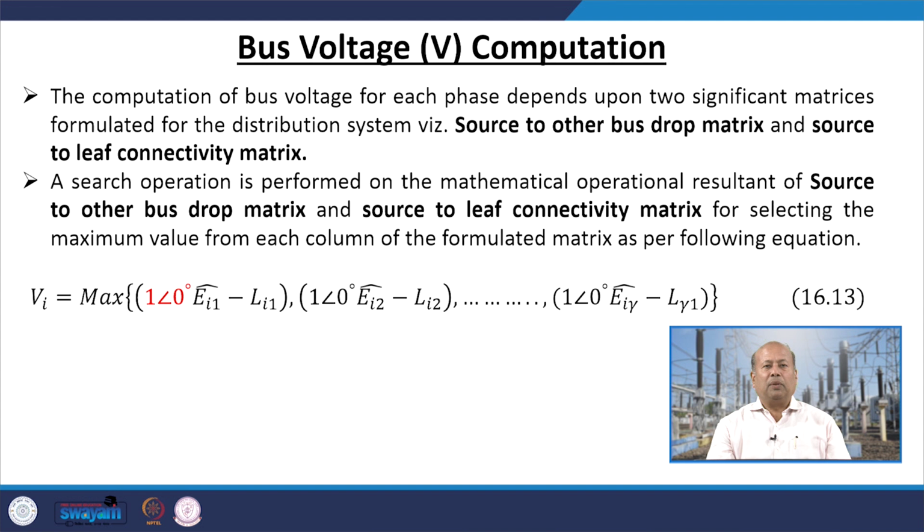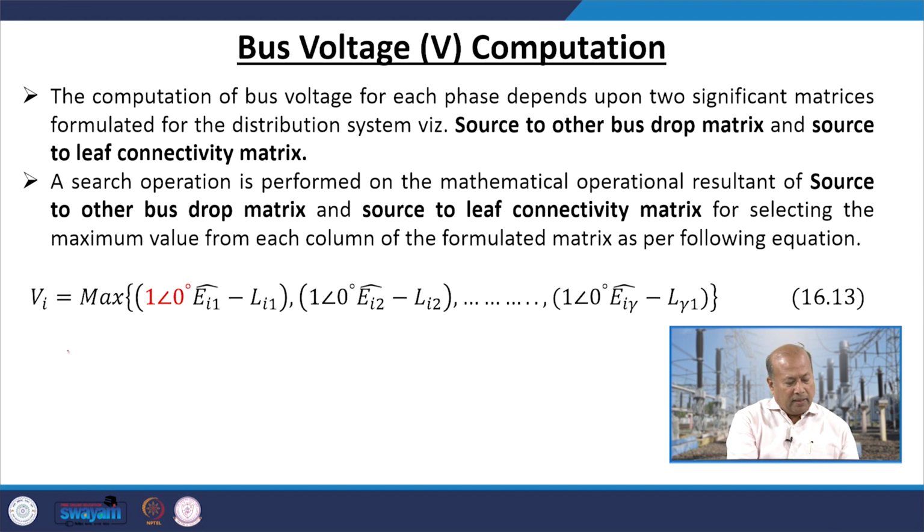Now, we move to bus voltage computation. The computation of bus voltage for each phase depends upon two significant matrices formulated for the distribution system: source to other bus drop matrix and source to leaf connectivity matrix. A search operation is performed on the mathematical operational resultant of these two matrices for selecting the maximum value from each column of the formulated matrix as per the following equations.